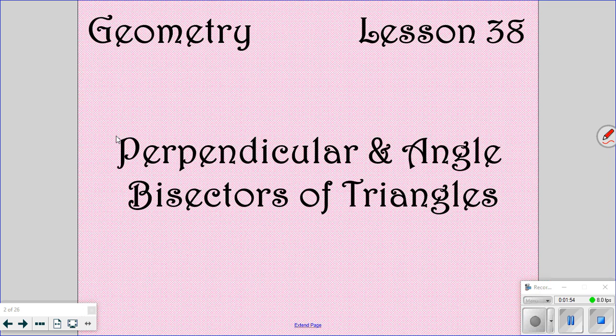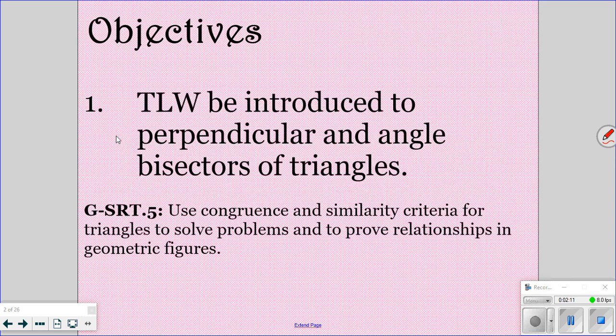And today we're going to look at the other two points of concurrency, the perpendicular bisectors and the angle bisectors. So again, one of your projects this year will be on these four. So this is going to be a lesson that you want to focus on when you go to do that project. So hopefully you'll understand perpendicular and angle bisectors today.